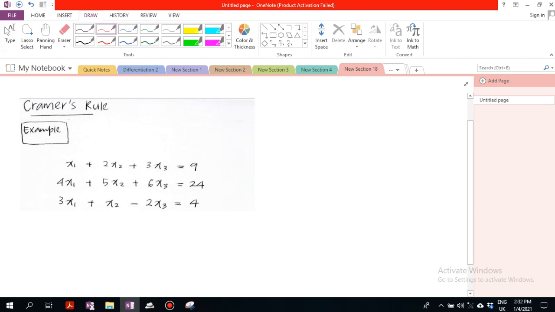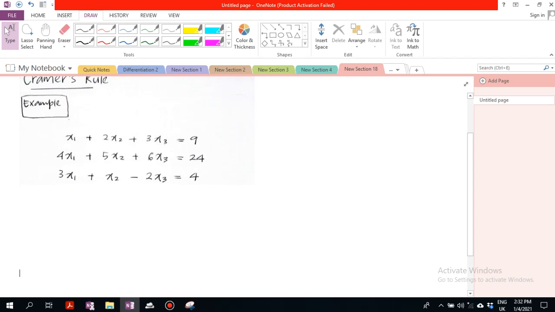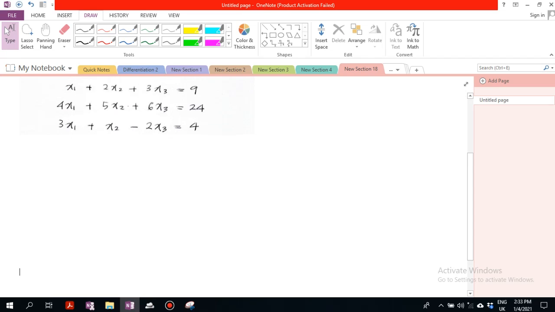First of all, you need to change this in terms of matrix. So your solution will be 1, 2, 3, 4, 5, 6, 3, 1, 2.